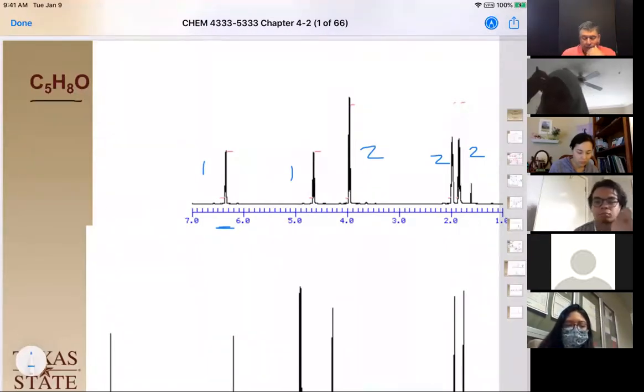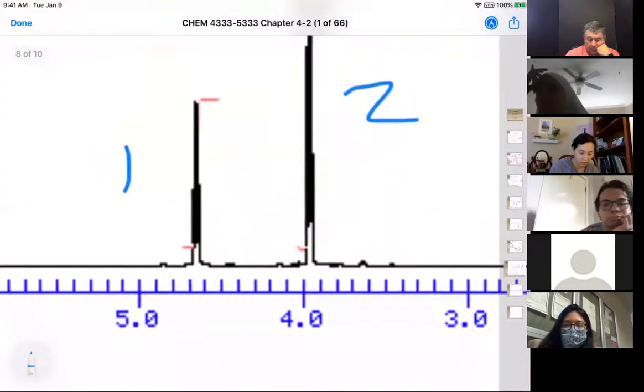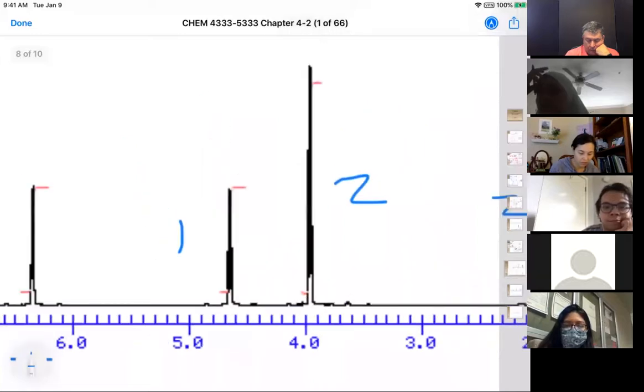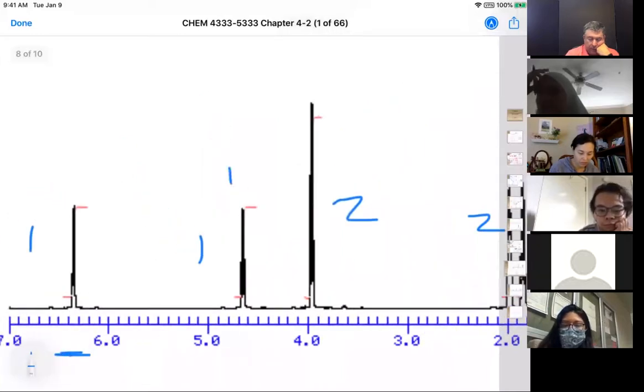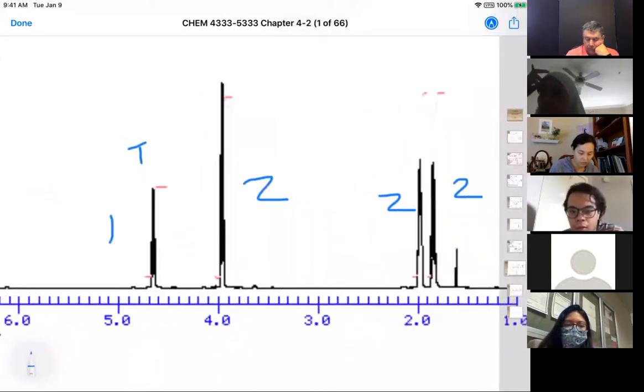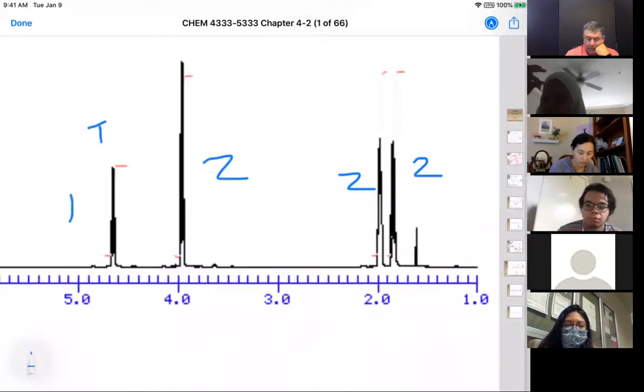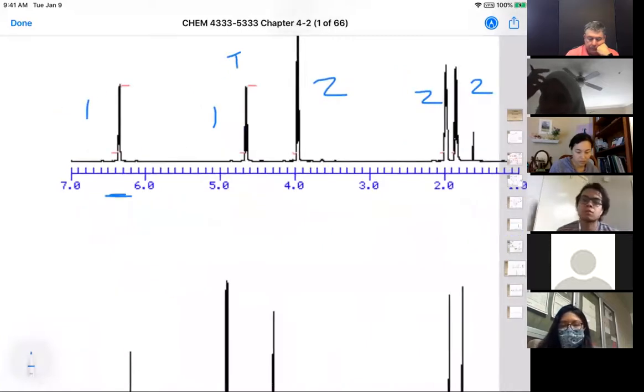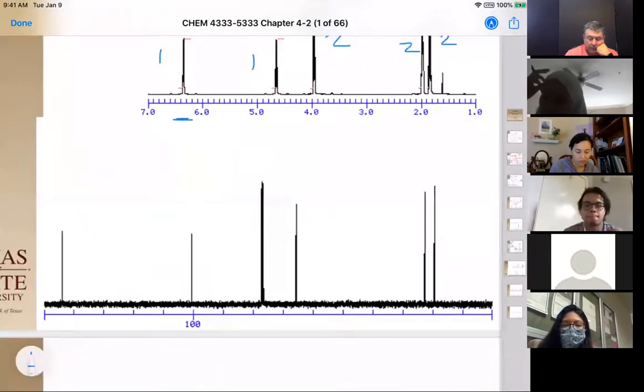Okay. None of them are quite broad enough to look like an alcohol peak, but that one looks like a triplet maybe. Can't really tell. All right, let's go to the carbon NMR.